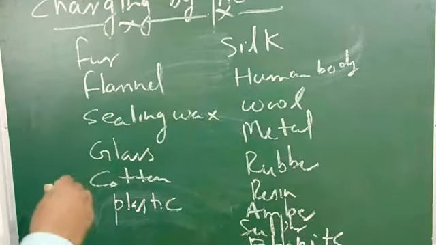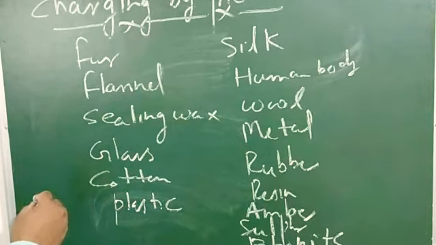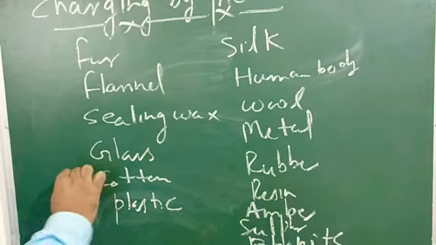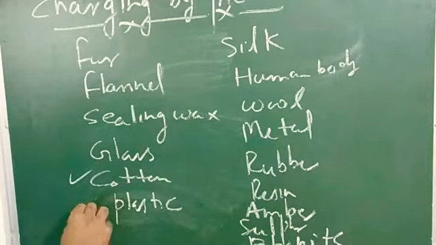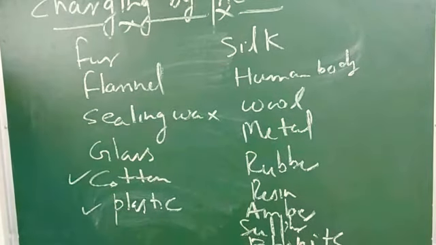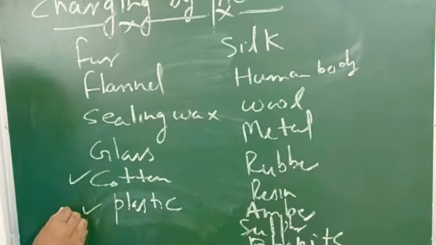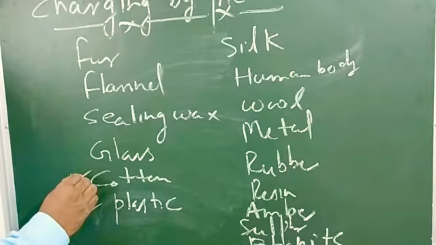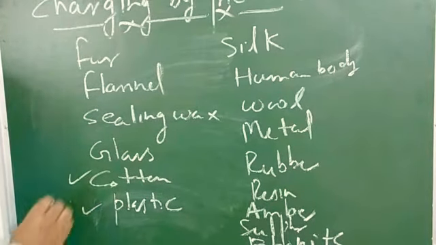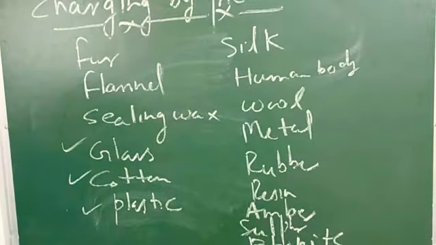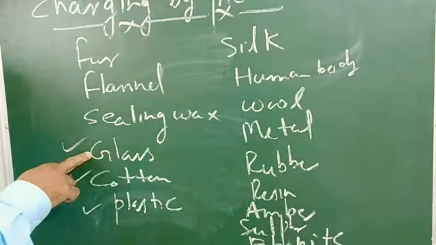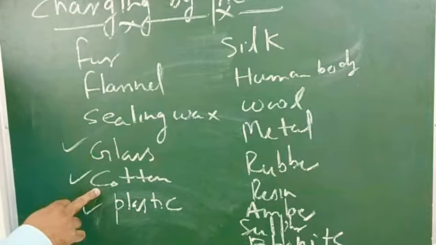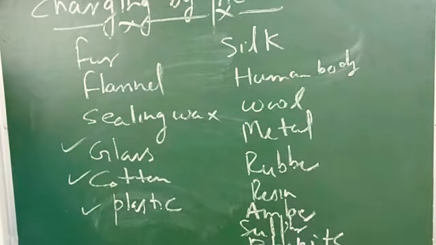Suppose we rub cotton with plastic, then plastic will be negatively charged and cotton will be positively charged. Similarly, if we rub glass with cotton, glass will be positively charged and cotton will be negatively charged.